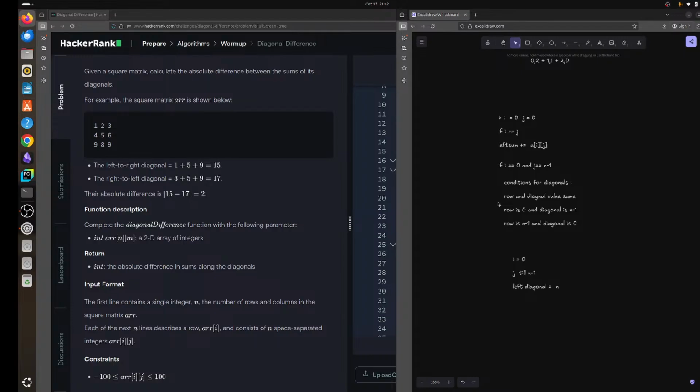If there is an array of length four, can we try that? The diagonal has three conditions: one for the right side, one for the middle, and one for the left side.